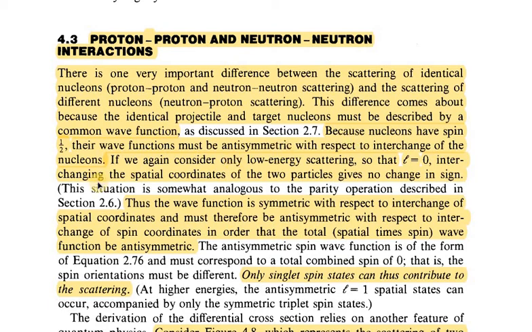Because nucleons have spin half, their wave functions must be antisymmetric with respect to interchange of the nucleons. If we again consider only low energy scattering, so that L equal to 0, interchanging the spatial coordinates of the two particles gives no change in sign.